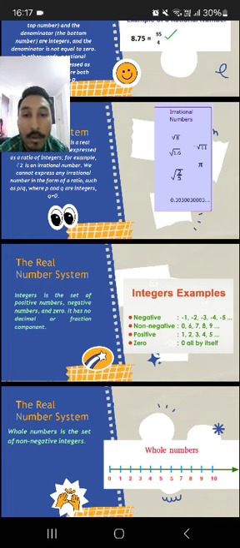It cannot be a fraction, like 2 divided by 5 or 6 divided by 11. It can only be negative numbers, positive numbers and 0. So these are called integers. I hope you understood what I mean by integers.